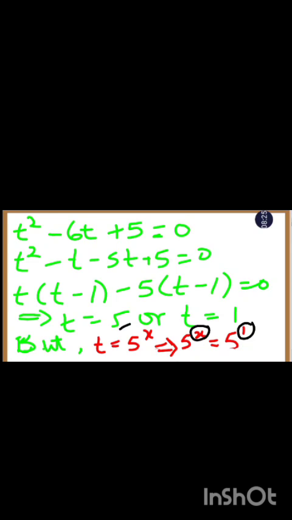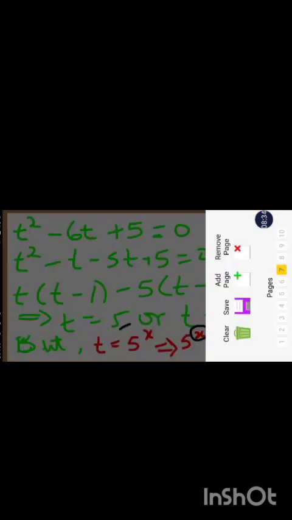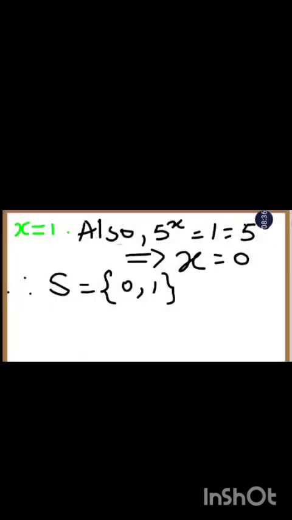Since the bases are the same, the powers must be the same, which makes x equal to 1. And also 5 raised to the power x is 1: 1 is 5 raised to the power 0, because any number raised to the power 0 gives us 1. So x equals 0. That's the solution.